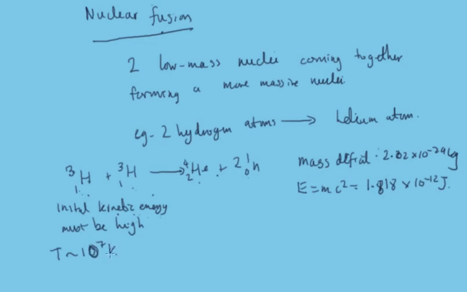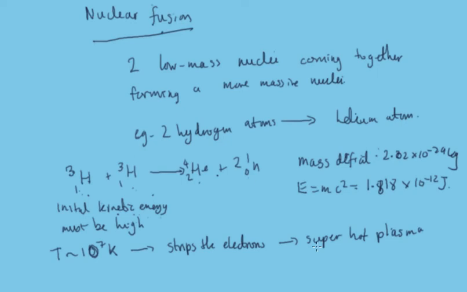At those temperatures, this strips the electrons, so you have a super hot plasma. If you have this in a reactor and you raise the temperature to 10 to the 7 Kelvin, you strip off the electrons and get this really, really hot plasma.